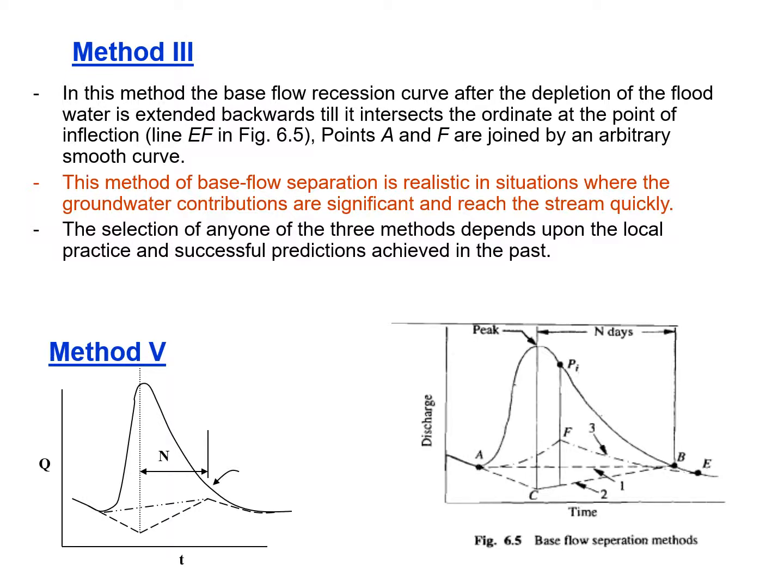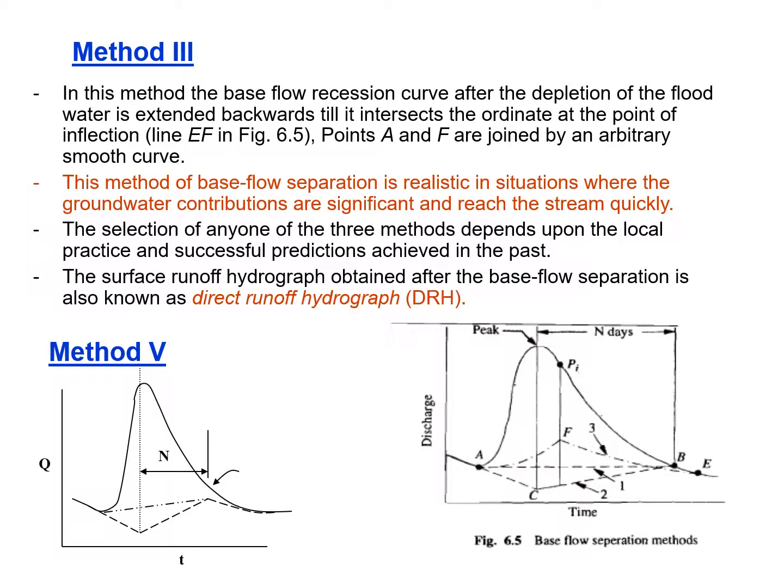This method of base flow separation is realistic in situations where the groundwater contributions are significant and reach the stream quickly. The selection of any of the three methods depends upon local practice and successful predictions achieved in the past.